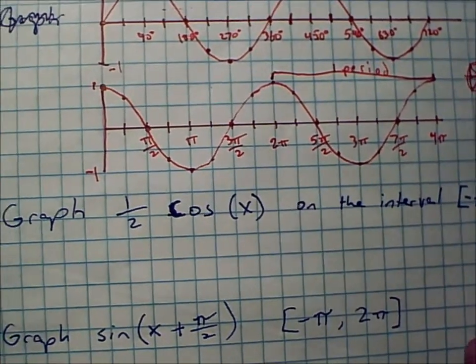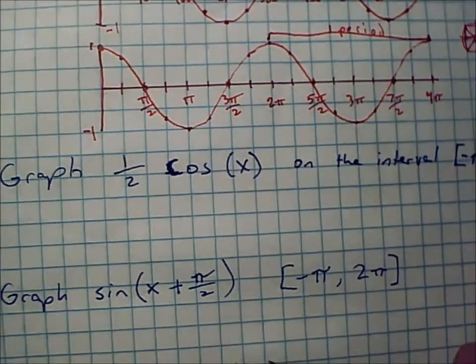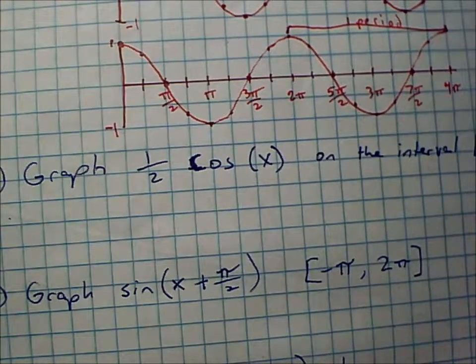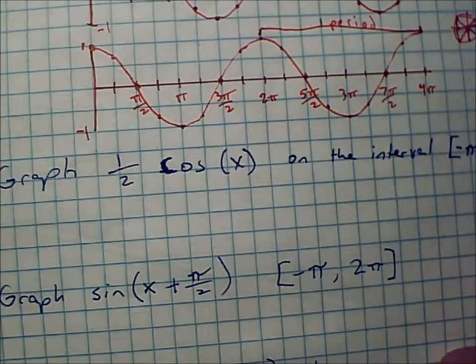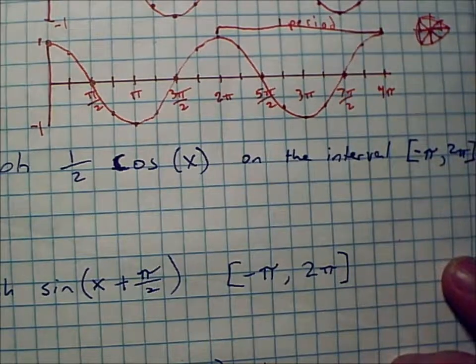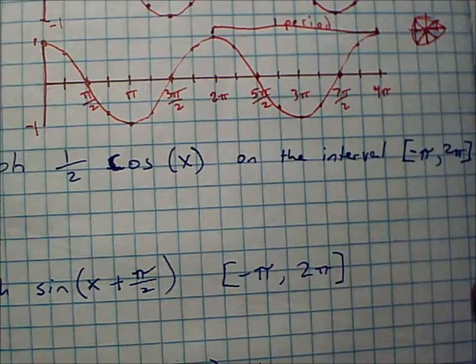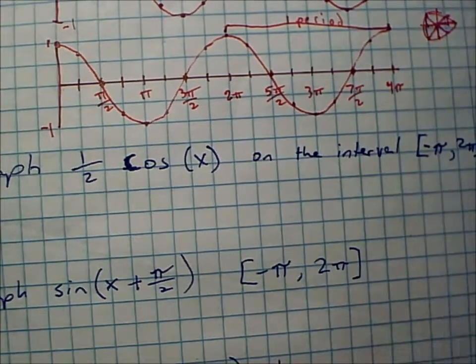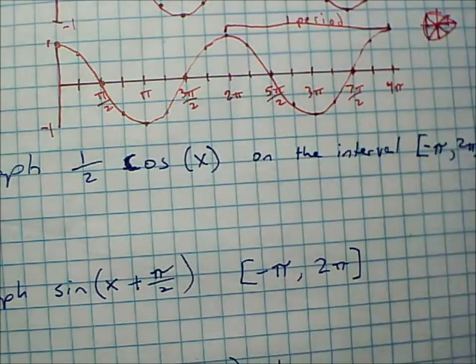Okay, now that you know how to graph sine and cosine, let's try to graph some transformations. So we're going to graph 1/2 of cosine of x on the interval from negative pi to 2 pi. So first I'm going to draw some axes.